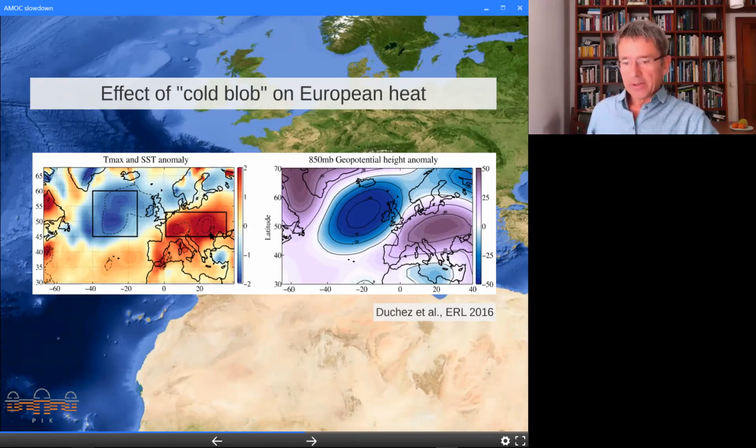But the reason is simply the air pressure anomaly that this cold blob causes, which is a low pressure anomaly, and you know, the airflow around the low is counterclockwise in the northern hemisphere, and it brings a southerly wind from the south here into Europe, and this airflow then leads to heat in Europe.